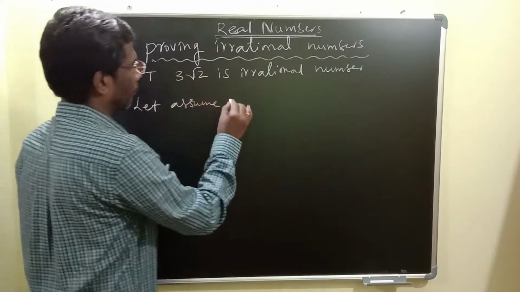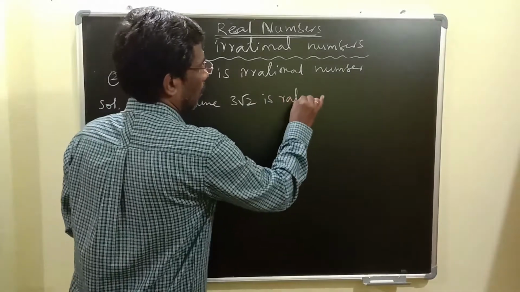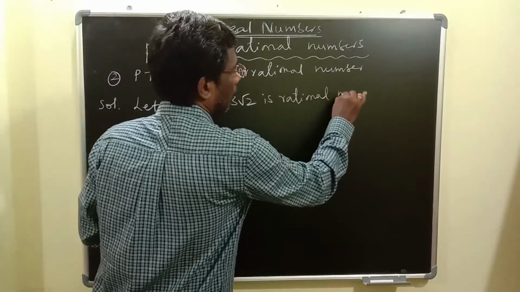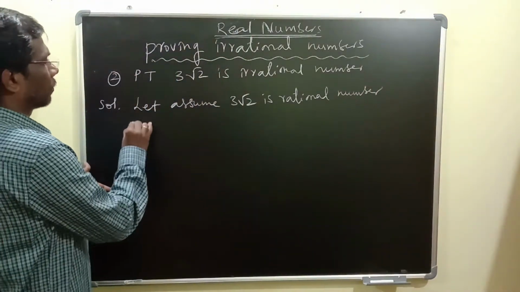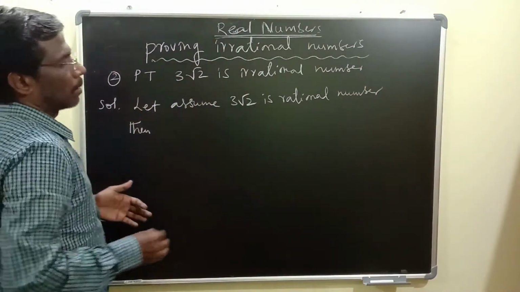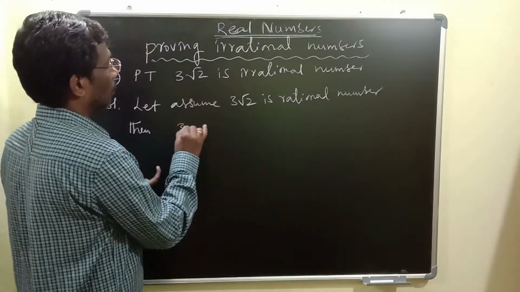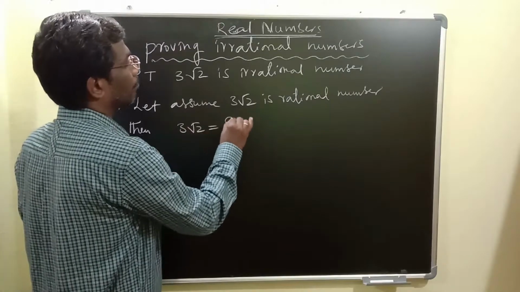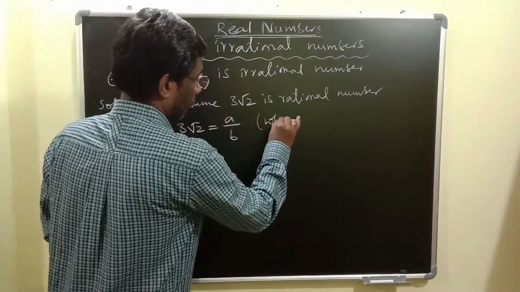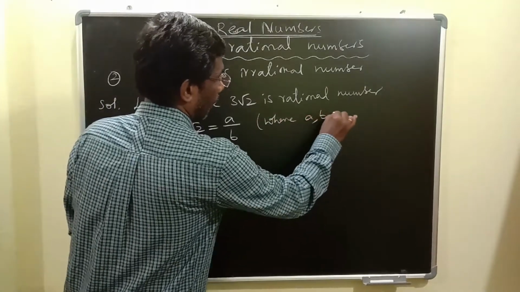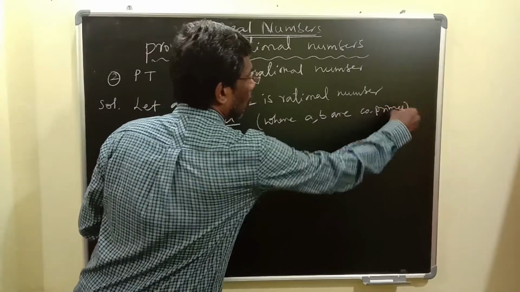Let us assume 3 root 2 is a rational number. Then we can write 3 root 2 is equal to A by B, where A comma B are co-primes.